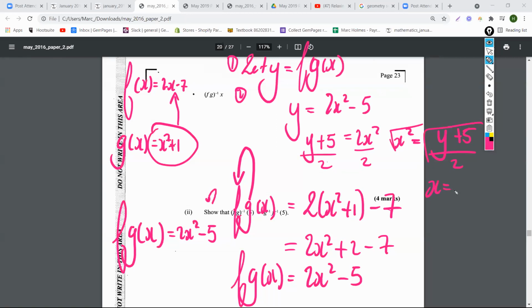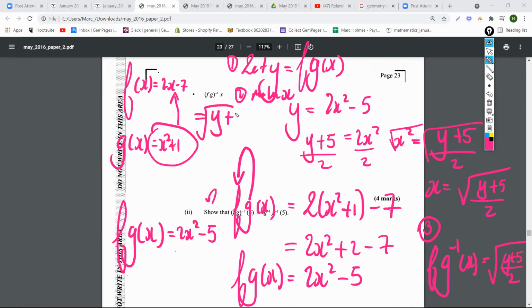So x is going to be equal to the square root of (y plus 5) over 2. Then the third step is to change the y to an x. So (fg) to the negative 1 of x is going to be equal to the square root of (y plus 5) over 2.